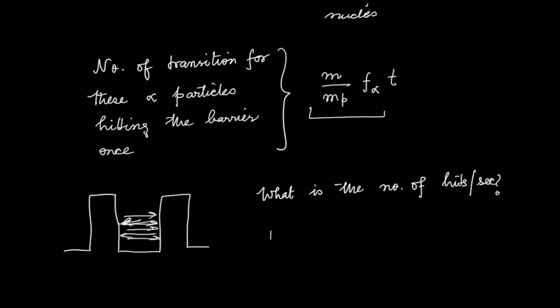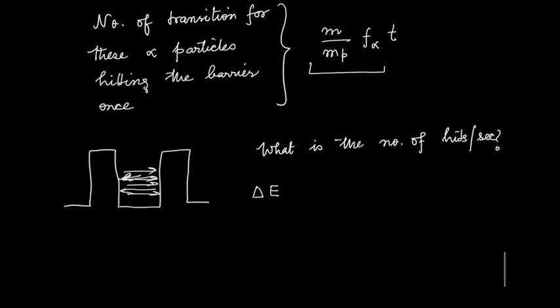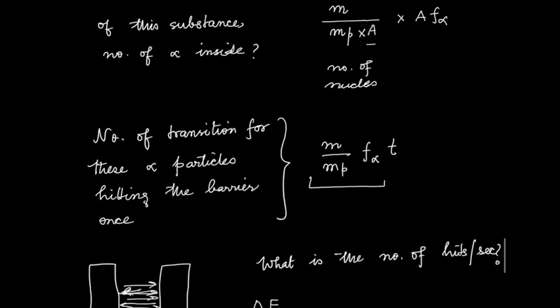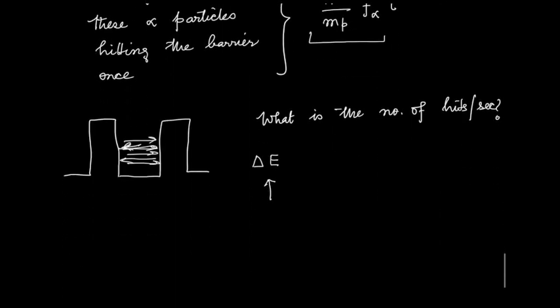I say that the alpha particle has energy E. So I say that it has an energy uncertainty delta E, which is of the order of the energy of the alpha particle itself. So this is like 1 MeV.